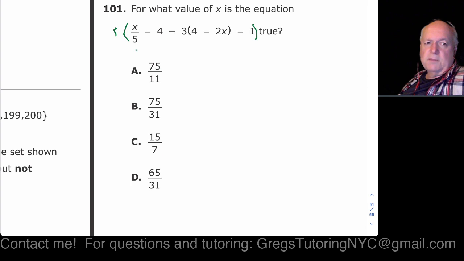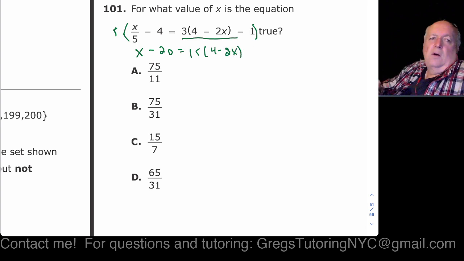Minus 4 times 5 is minus 20. 5 times 3 is 15. So this whole thing here is one term. So I'm done with that, and all I have to do is write the inside of it now. 4 minus 2x. And then minus 1 times 5 is minus 5.